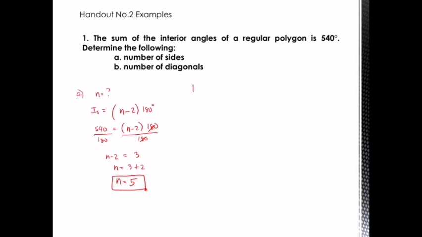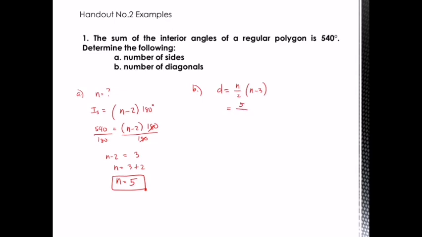For letter B, the number of diagonals. So number of diagonals, it is given by the formula n over 2 times n minus 3. Simply follow the formulas that I've given you, class, and then simply direct substitution. So that easy. Your n is already taken out.